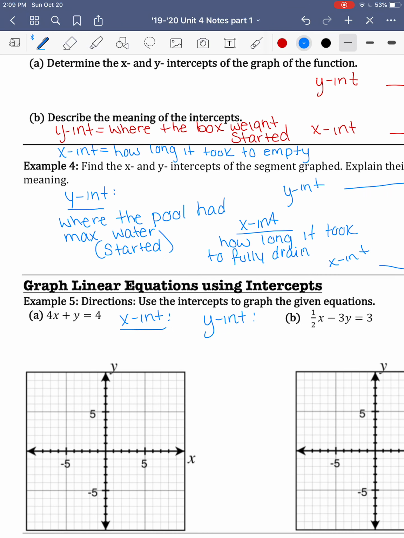When I'm calculating for my x-intercept, simply cover up the y. Now you're literally left with 4x is equal to 4. So 4x equals 4, and so x equals 1. And so that's my coordinate right here, 1, 0.